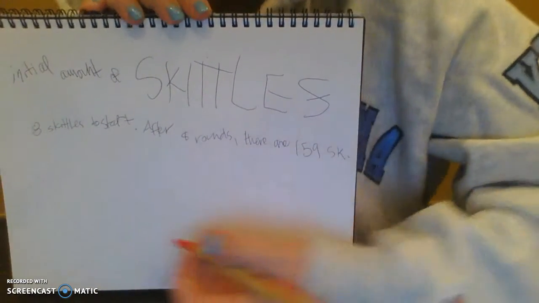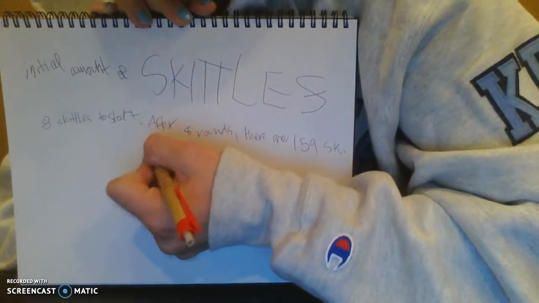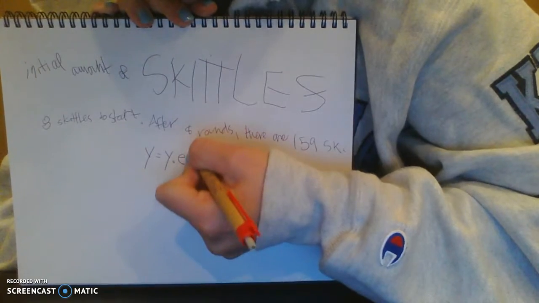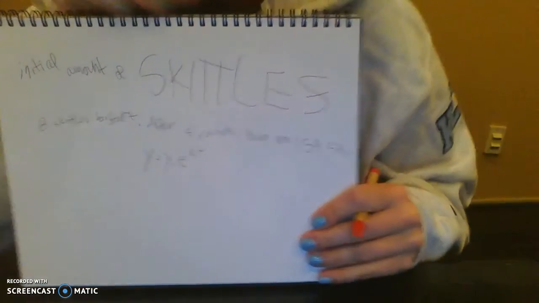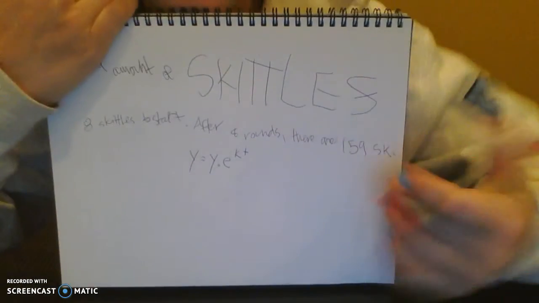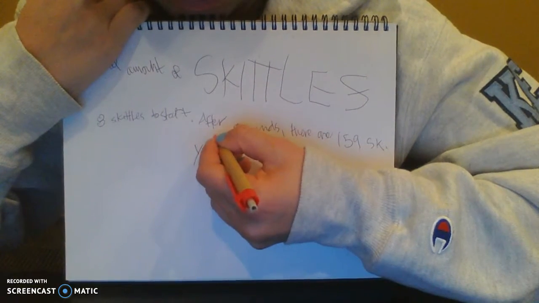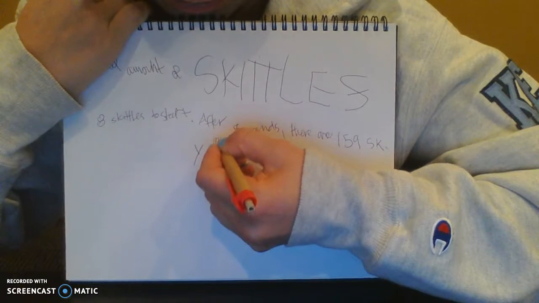So going from this equation, y equals y naught e raised to the kt, this y naught means initial.